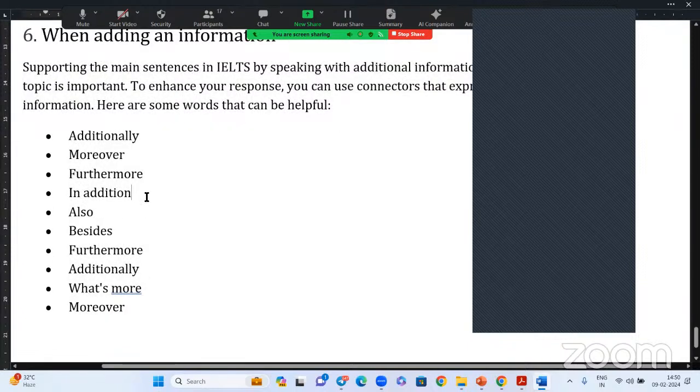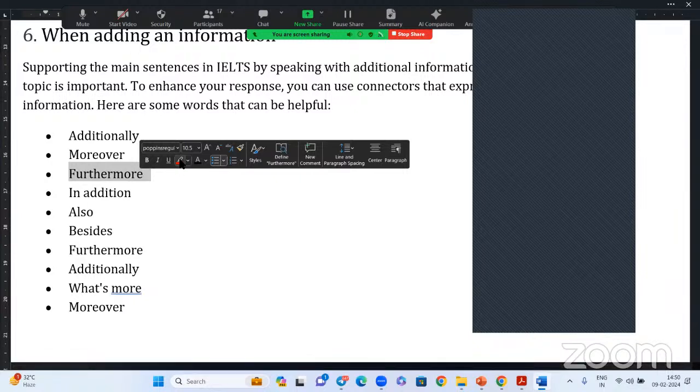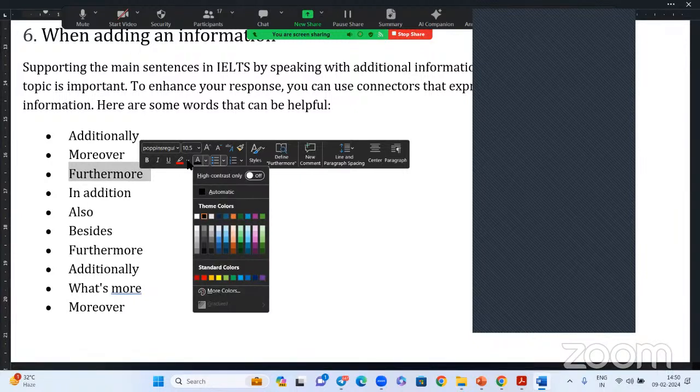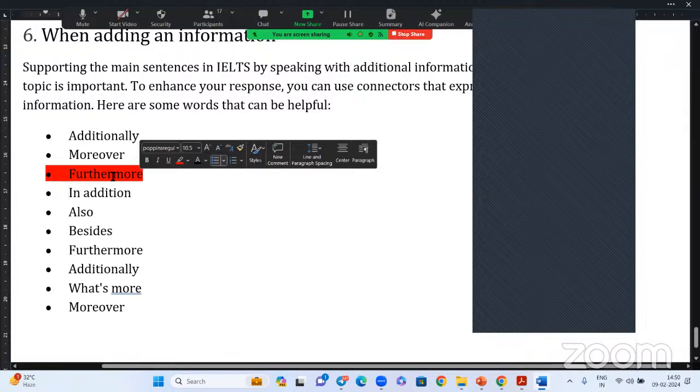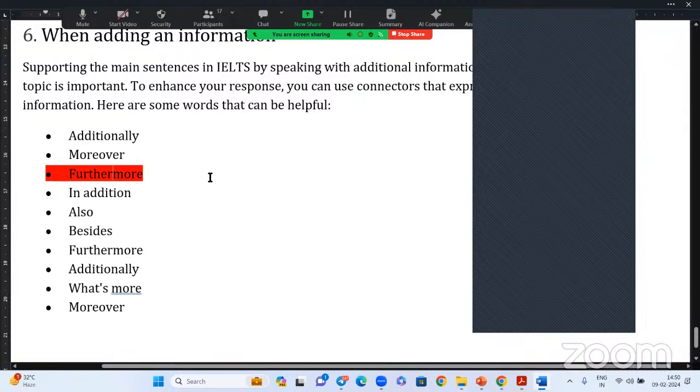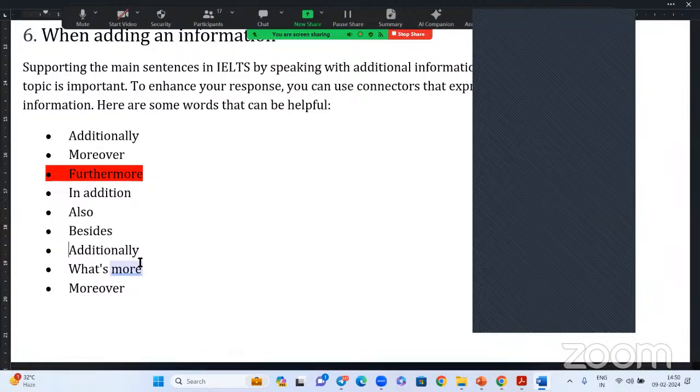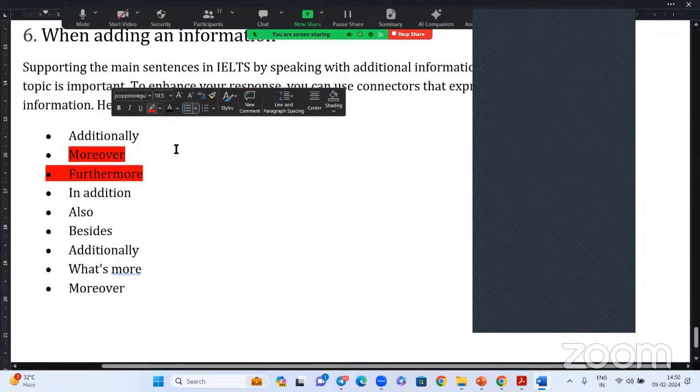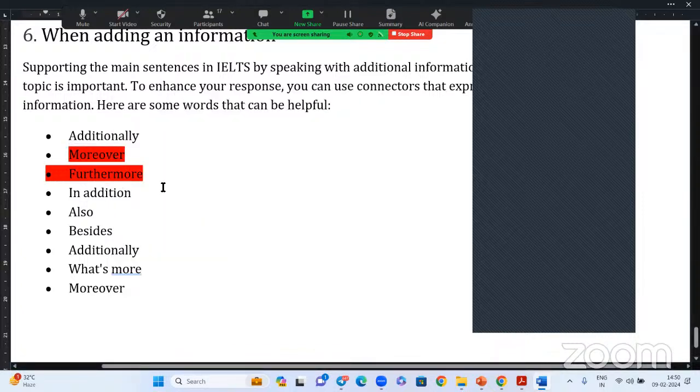Avoid these words. Furthermore, don't use this. Avoid this word, furthermore. This is a danger word. Furthermore is already there, why again another furthermore? Don't use moreover.